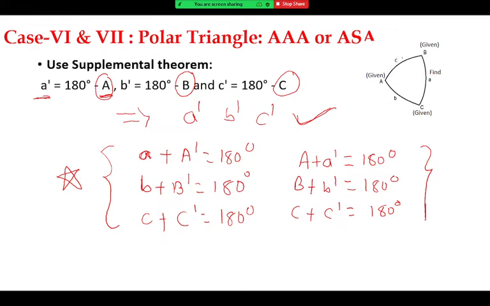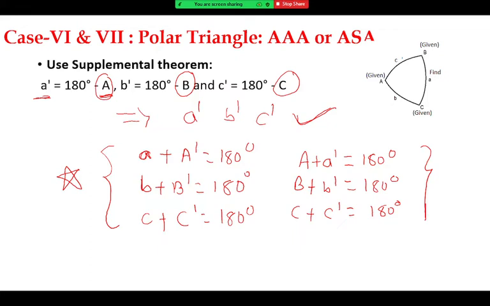So, by which rule? When all three sides are known to us, which rule do we use? Cosine rule is the correct answer. You cannot use a sine rule, because only all three sides are known.